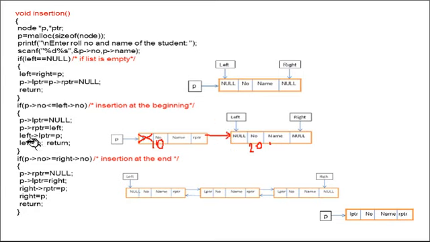And the third line is left of LPTR. After insertion, this node will become the second node. The second node means the left pointer of the second node must point to the first node. What is the address of the first node?